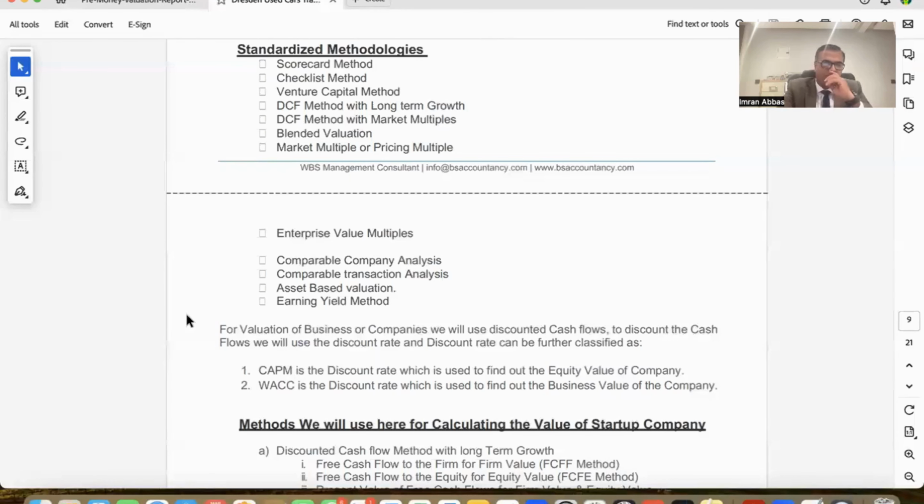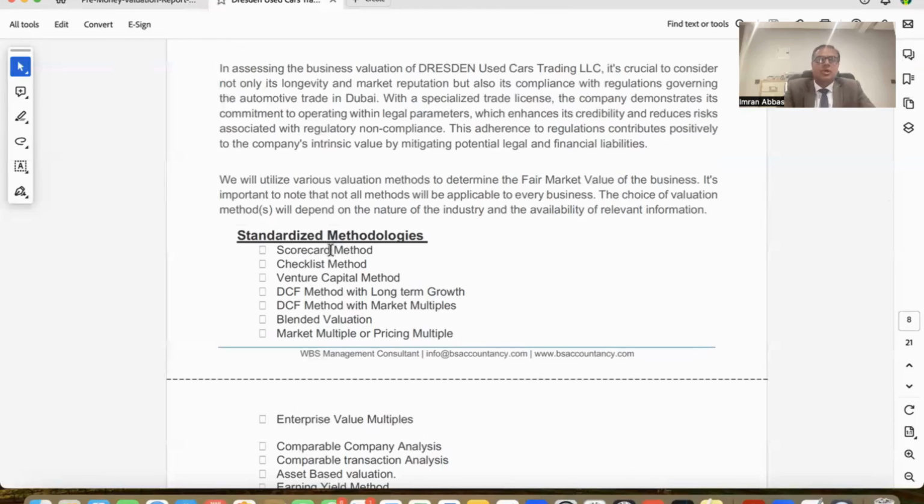As I told you regarding the methods, I've explained the scorecard method and the checklist method, and after that I will go into detail. The venture capital method, which is called pre-money valuation and post-money valuation, is always for startup companies, normally tech companies. The DCF method applies to high-growth companies. The other is blended valuation, which means combining all these valuations.